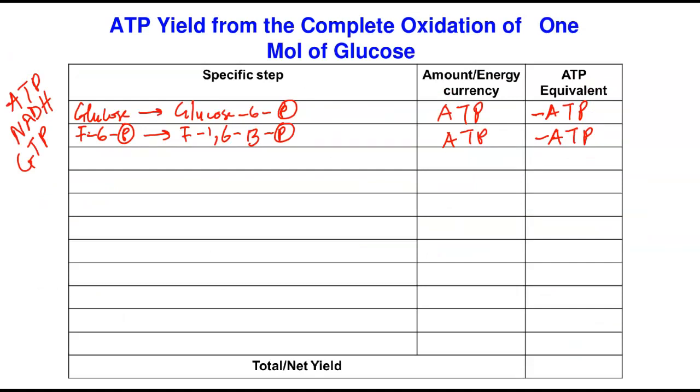Now, NADH was produced when glyceraldehyde 3-phosphate, I'm going to make this shorter. Remember, this is not glucose. I'm going to call it G3P. That's shorter for me. So G3P was converted to 1,3-bisphosphoglycerate.